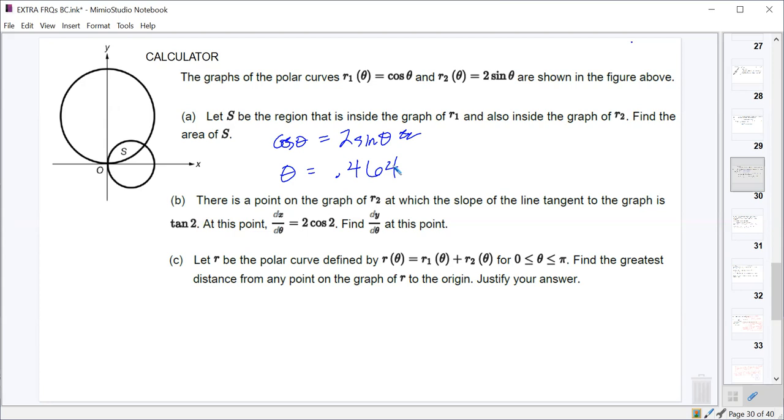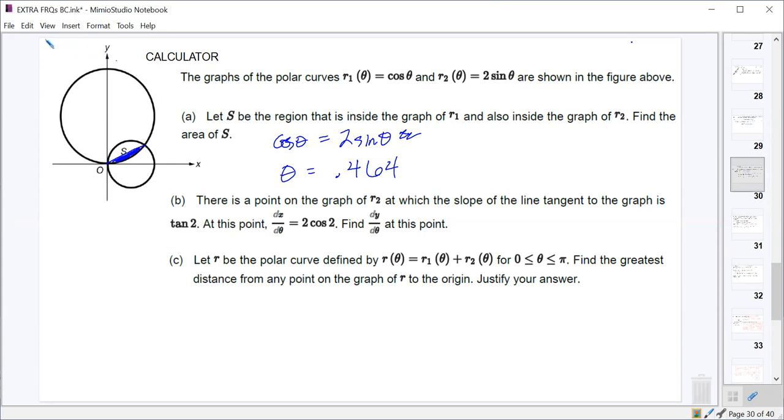So then if we're looking for the area of S, and we know that they intersect at 0 and at this 0.464 value, how are we going to figure out this area? Well, from 0 to that 0.464 value, we're getting stuff that is specifically on the larger curve, which is our 2 sine theta.